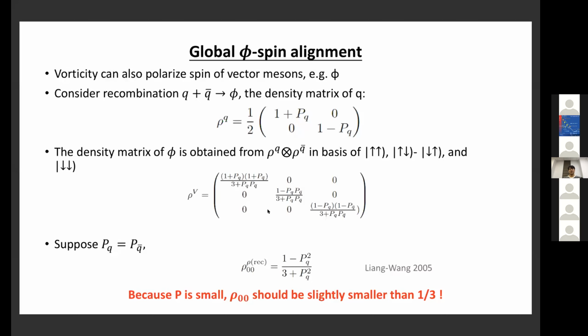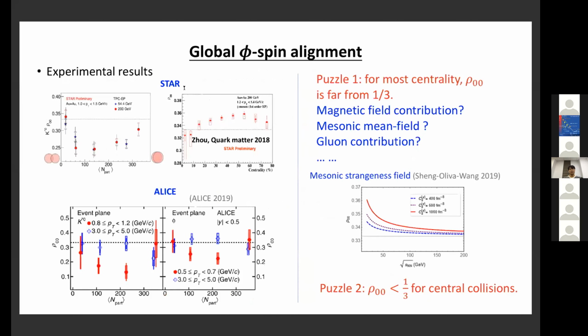However, last year, both the STAR collaboration and the ALICE collaboration reported experimental results of the vector meson spin alignment, the rho 0,0 of phi and K star 0 mesons. The results give puzzles. The first puzzle is that for most centralities, you can see that the rho 0,0 is far from 1/3.